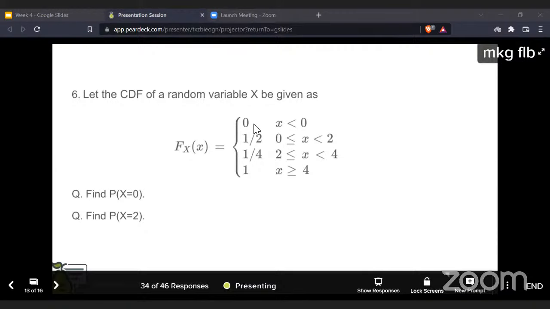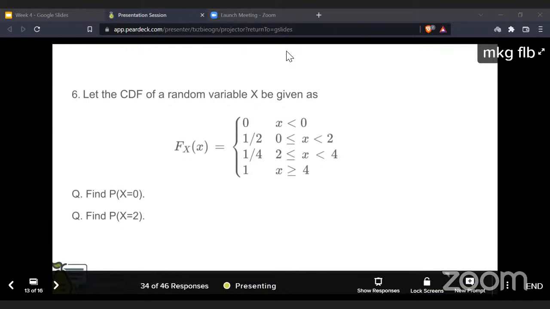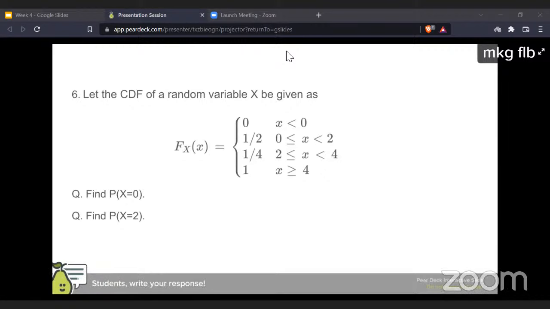If I draw the graph, it is flat between 2 and 4. There is no change in probability. It is remaining constant, so in between the probability is 0.